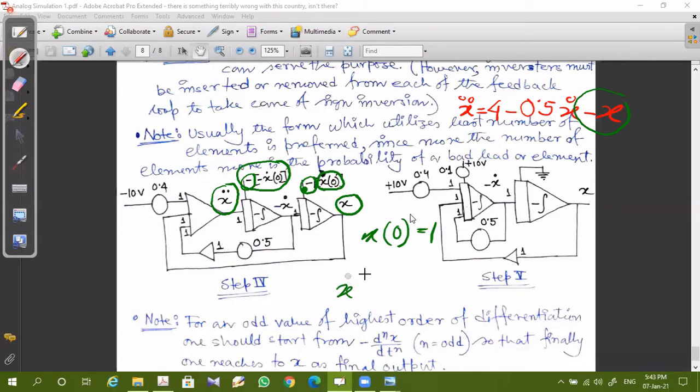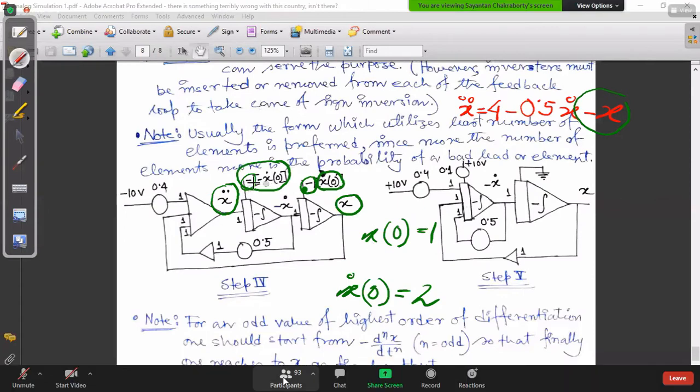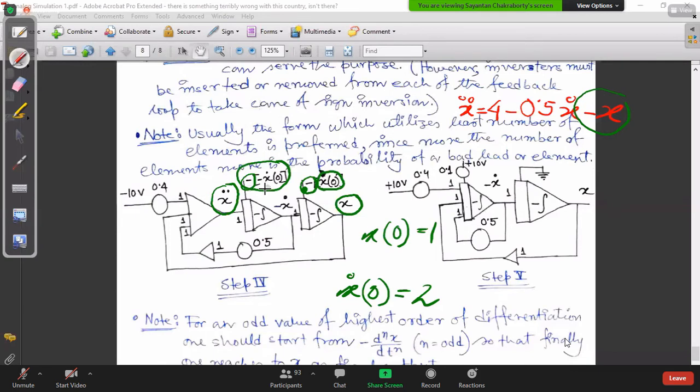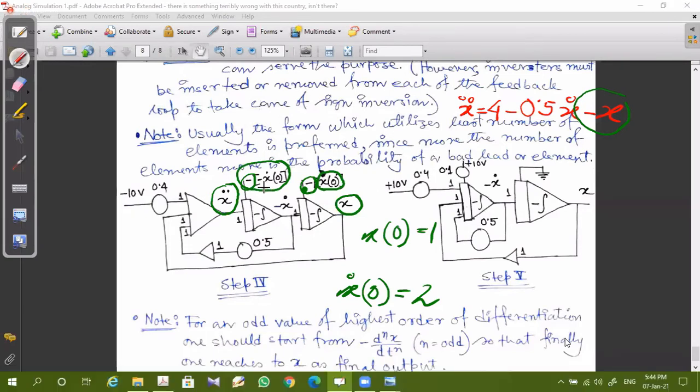And your x dot, sorry, this is 2. So what should be the value you put in here? You should be putting minus of -2. So you should put a 2 volt signal over here, right? That is the thing that you should keep in mind.